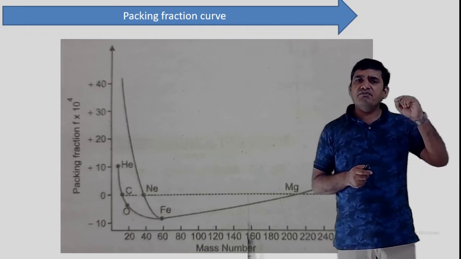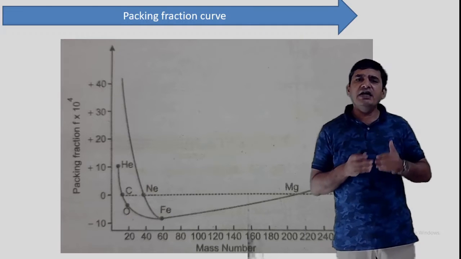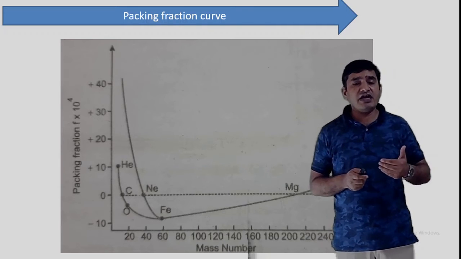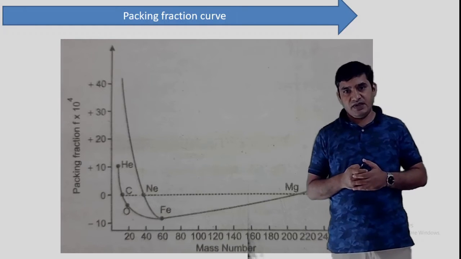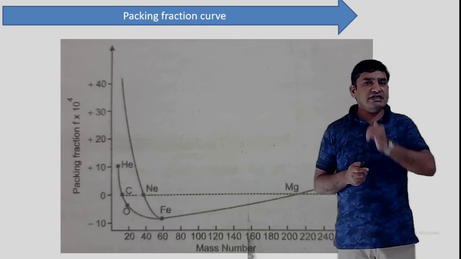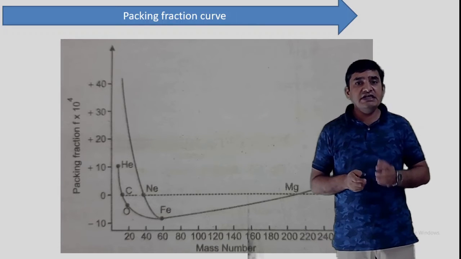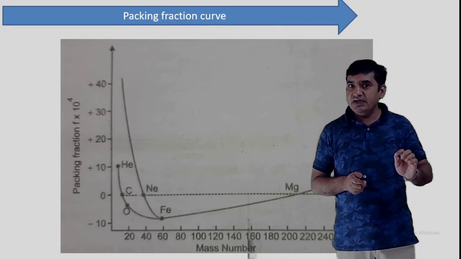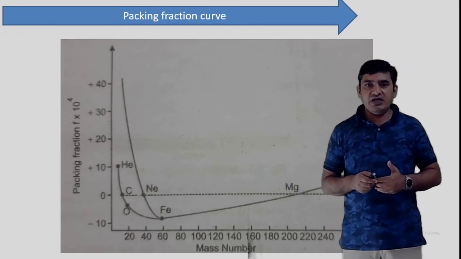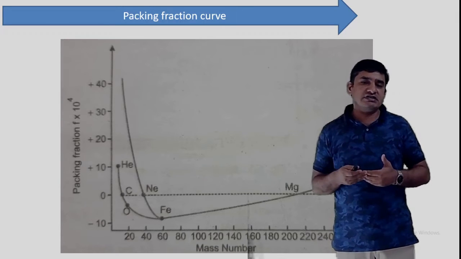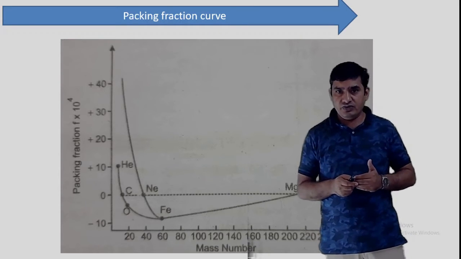There is a separate branch for helium, carbon and oxygen. It indicates that the packing fraction of these elements is very small. Here we can say that if the packing fraction is negative, then the elements are more stable, and therefore iron is more stable, because the atomic mass of iron is 56 and the packing fraction is negative.